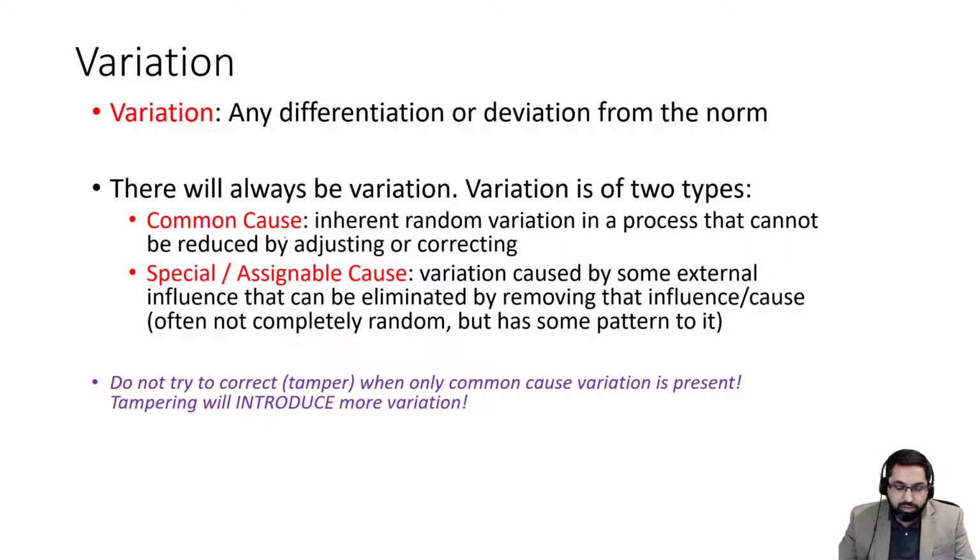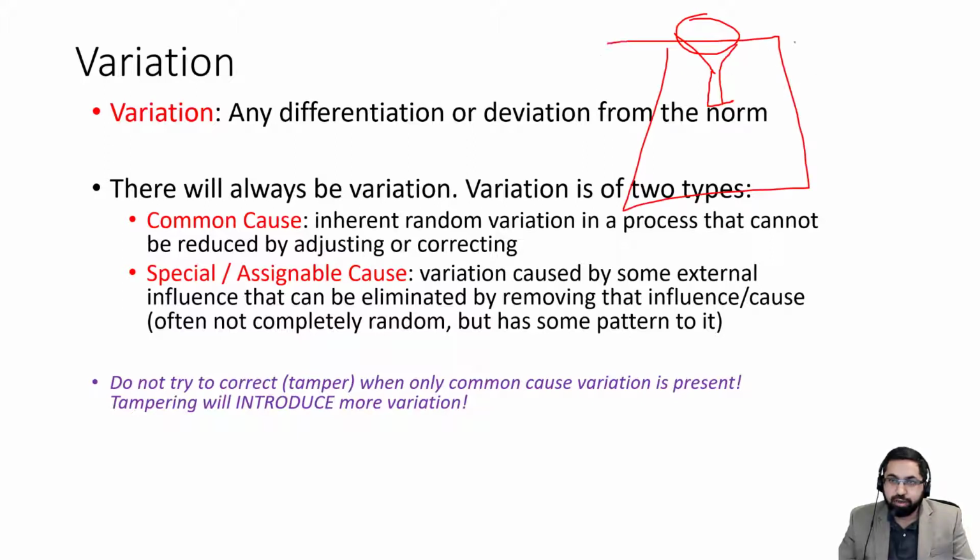To do that, the whole purpose of this entire experiment is to explain to you the two ideas of common cause variation and special or assignable cause variation. In the funnel experiment, when you have the funnel and you're dropping marbles on a sheet of paper, there's some wind that might blow occasionally, and this will add some variation because as the marble moves through the air, the wind can push it one way or the other.